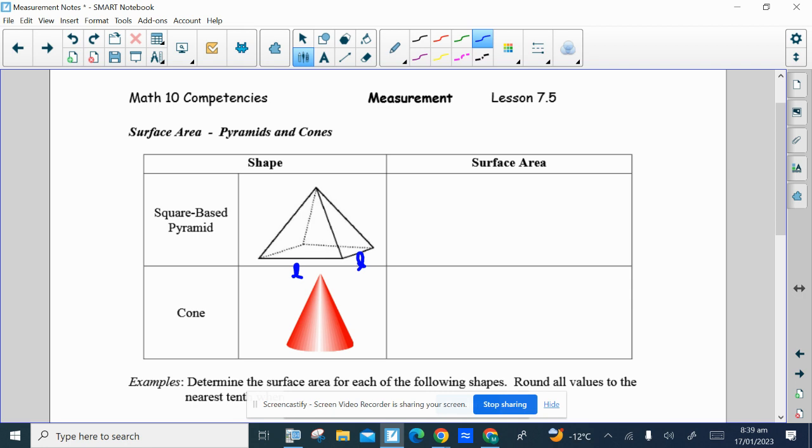Because of that, the four triangular faces are also the same. The formula for the area of a triangle we saw a few days ago was base times height divided by 2. But there are 4 of them.